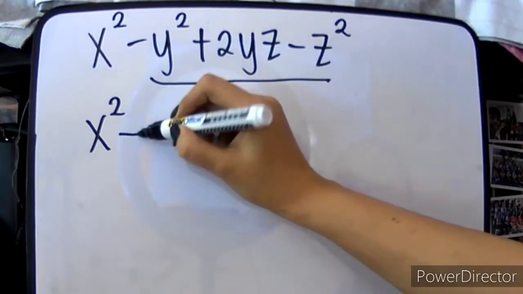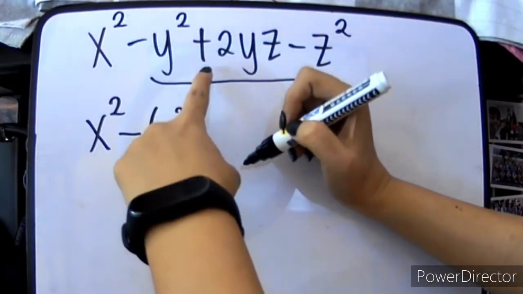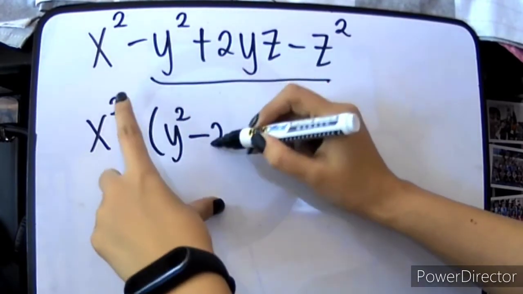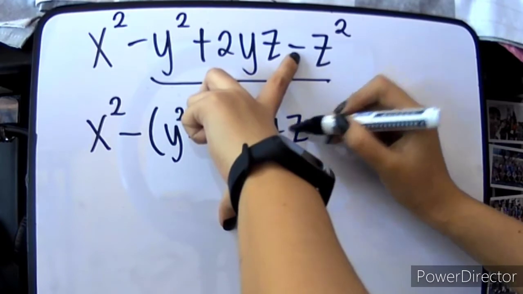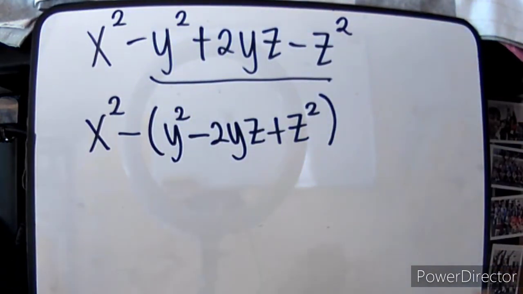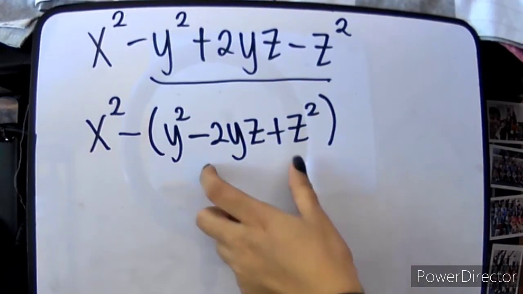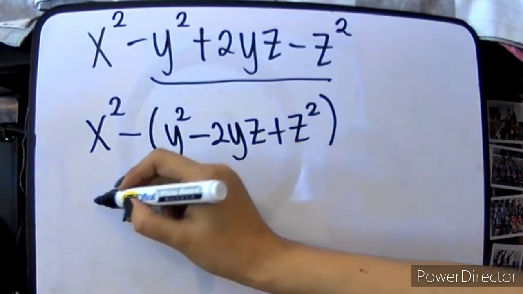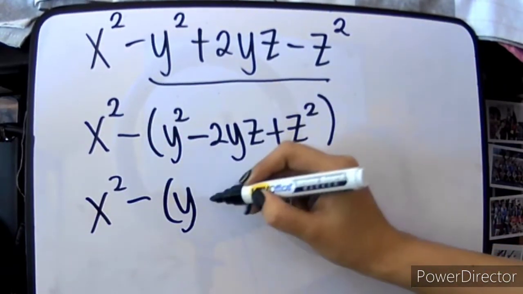Okay, so dahil minus 2, so it will be positive y squared, and then this will become negative 2yz, and this will become positive z squared. Okay, and then kapag ganito yung case natin, let's first write this into a square of binomial. So x squared minus, sulat natin ng square of binomial 'to, y minus z.